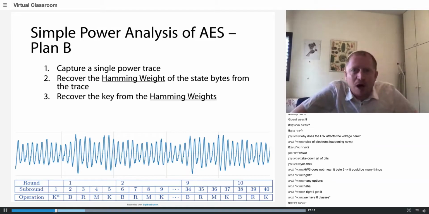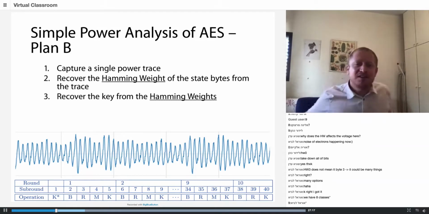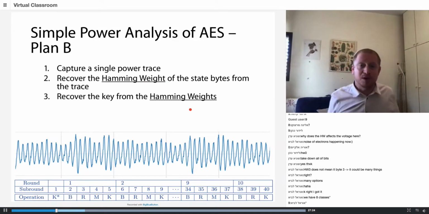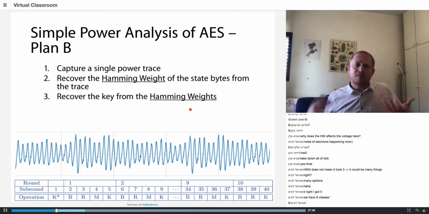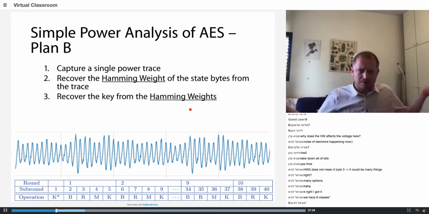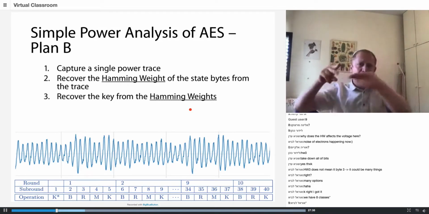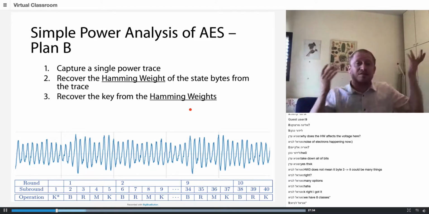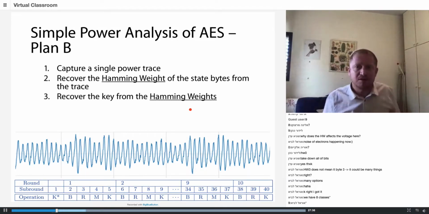Okay, so I'm going to talk about the difficulties and give you some insights about how you do step 2 and step 3. So step 1, capturing a single power trace. I talked about it 2 weeks ago. You connect and measure. Then you do some signal processing that's reasonable to do if you know something about it. We saw the Carl Leuven lab where they had the filter.